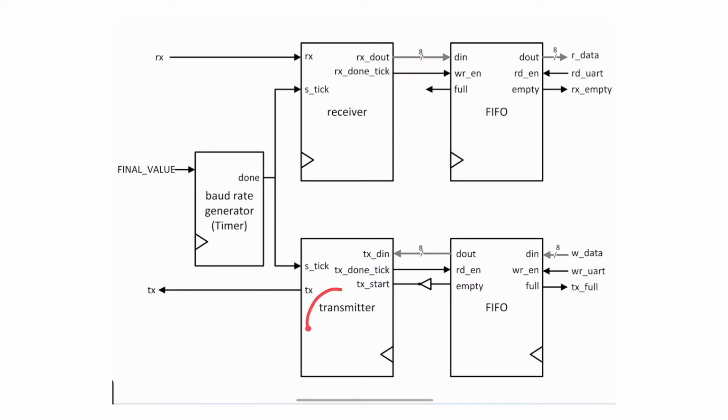The same goes with the transmitter. It takes this one as an input, this one as an input, this one as an input, and generates this output and this output. And the FIFOs are technically the same exact module. We just instantiate a couple of instances of it, one for the receiver and one for the transmitter part. All right, so this is how we construct it.